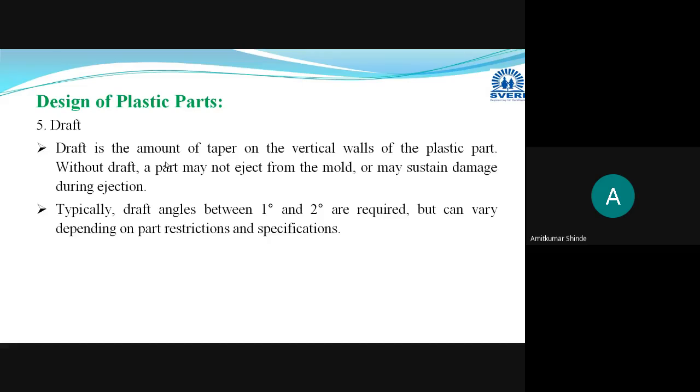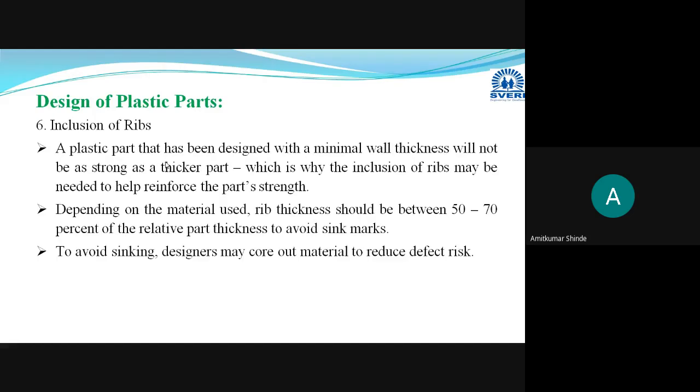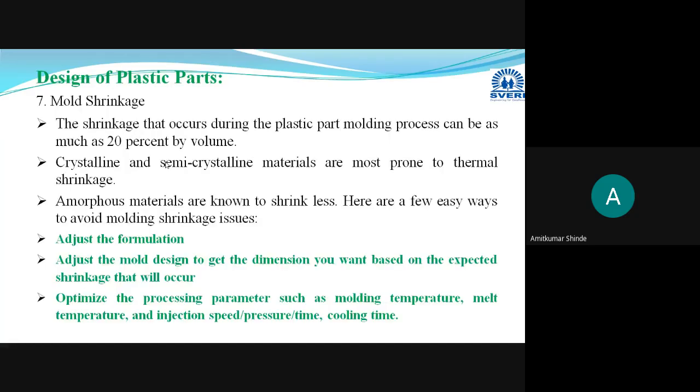The taper should be provided on the vertical wall of the plastic parts. And ribs: as minimum and uniform wall thickness is used for designing the plastic parts, to give the necessary strength required, ribs should be provided, and their thickness should be 50 to 70% of the wall thickness.